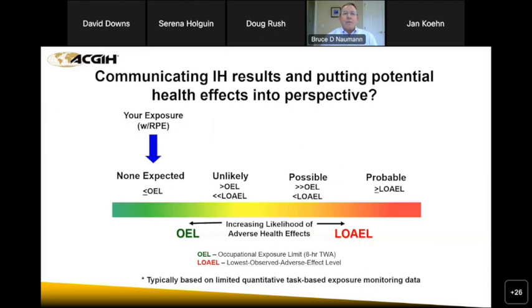Same logic here, it's just on a sliding scale, and where you position the arrow is key. Fortunately, in most cases, when the monitoring results come in, they're wondering, well, you were here, what were the results? What does it mean? Am I going to have any health effects? And so this was a useful way to communicate to the employees.